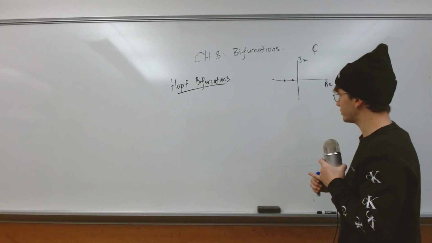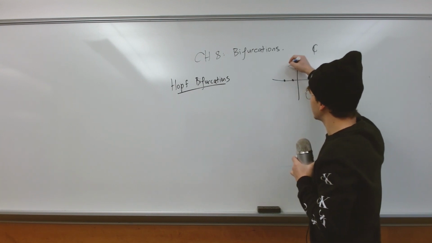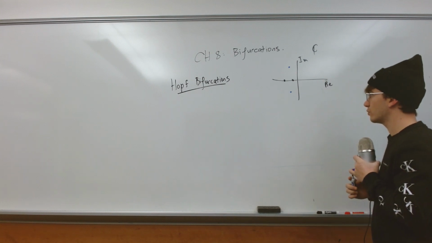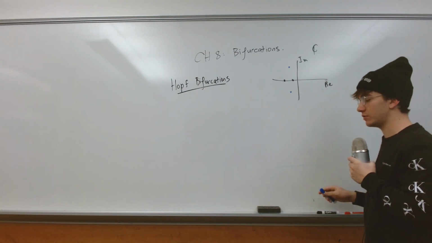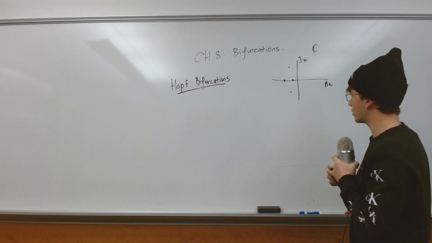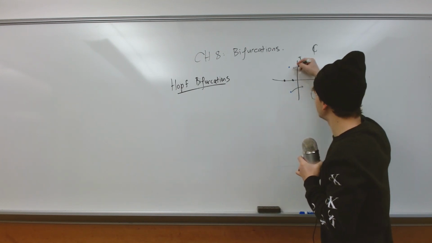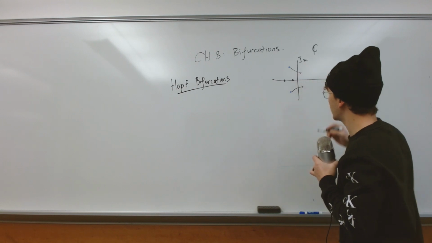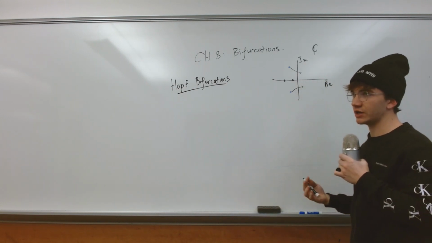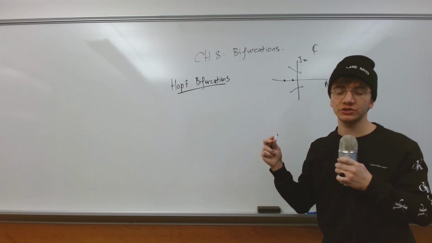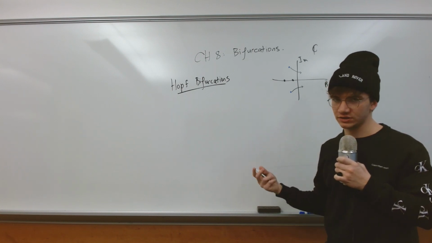But notice that eigenvalues can also be complex, and we could have local spirals. This is a different type of bifurcation, where we have a complex conjugate pair of eigenvalues, and these are crossing the imaginary axis, like so. When these cross the imaginary axis, you can imagine that locally the fixed point will change stability from a stable spiral to an unstable spiral.